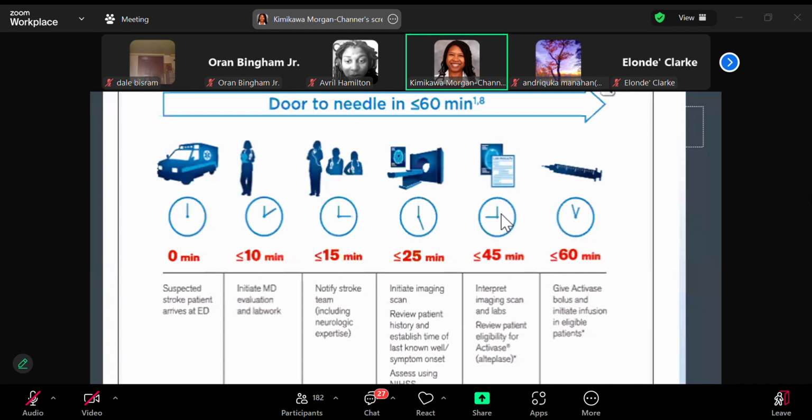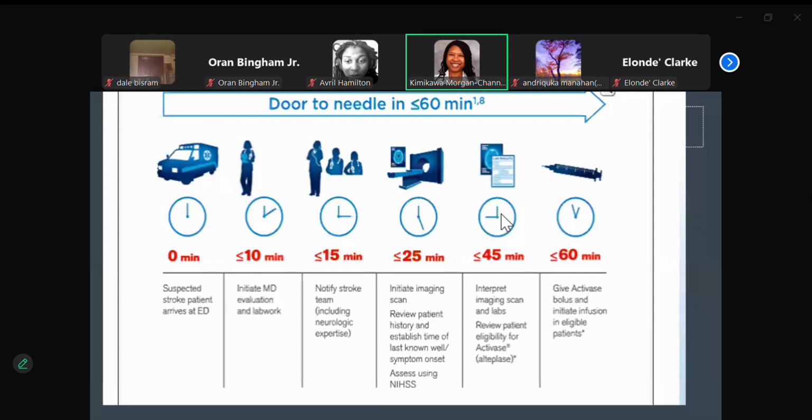The aim is once they're between 92 and 100% on oxygen, we're okay with that. We don't want too much oxygen as well because we don't know if they're COPD. So if they're 92, 93, you want to give them a little oxygen, 1 liter, 2 liters, but you don't want too much oxygen.